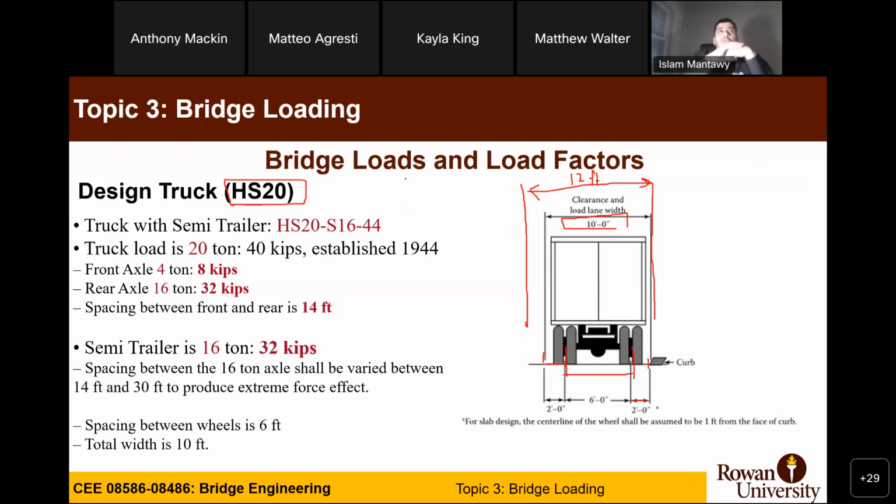No, there is HS20 and there is another component, right? Design tandem, right? Oh, okay. Yeah, there's something you need to add in order to make it the design loading, right? We call it HL93, right? HL93, correct?